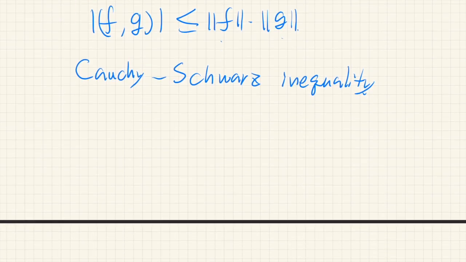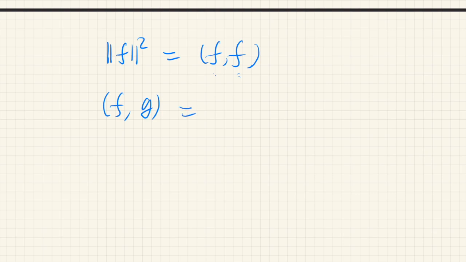And again, just like the usual scalar product, we have the following properties for the L2 inner product. First, the norm squared is equal to the inner product of the same function. The inner product between f and g, if we swap the order to g and f, becomes the complex conjugate of that.